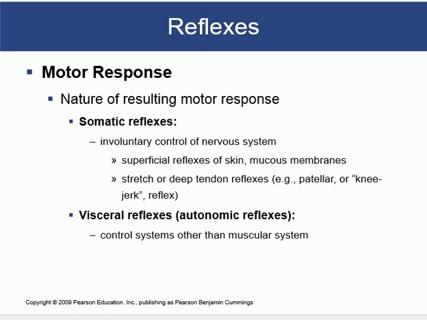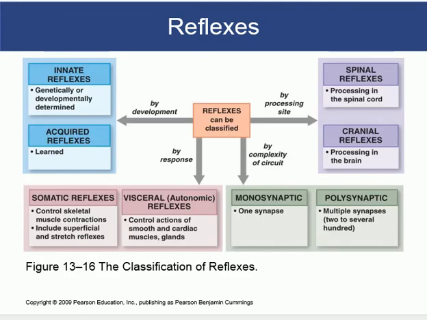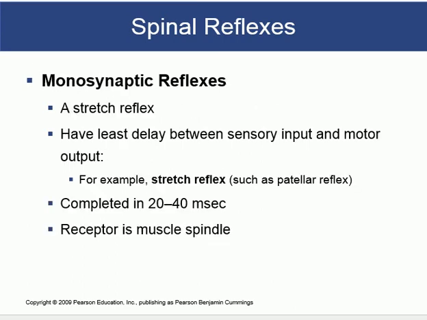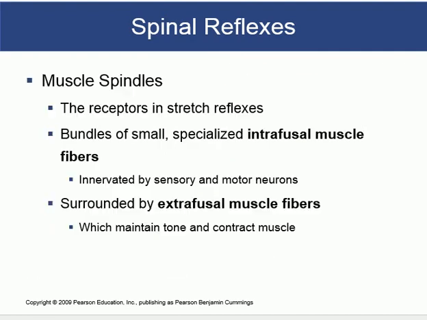One or more. If it comes from the spinal cord, it's a spinal reflex; from the brain, you call it cranial. Can be intersegmental. Mono, poly, intersegmental. This is an example of the mono, which is a stretch reflex, and we know the function.